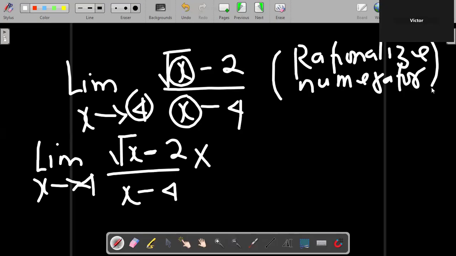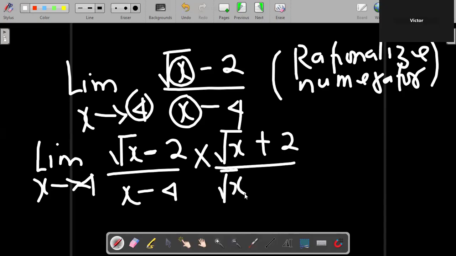The conjugate of minus is plus. So I will write here the square root of x plus 2, which is the conjugate of root x minus 2, over the square root of x plus 2. See it? That's the way to rationalize by looking for the conjugate.